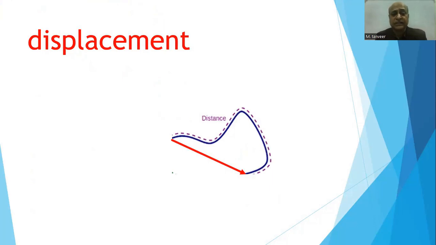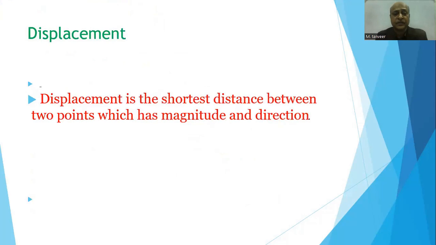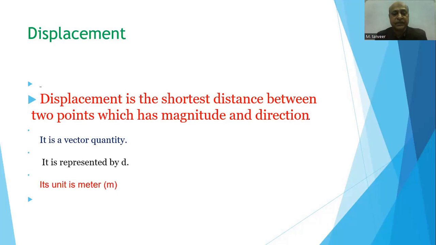This shortest distance between these 2 points is called displacement. So displacement is the shortest distance between 2 points which has magnitude and direction. Displacement is a vector quantity. It is represented by D. Its unit is meter.